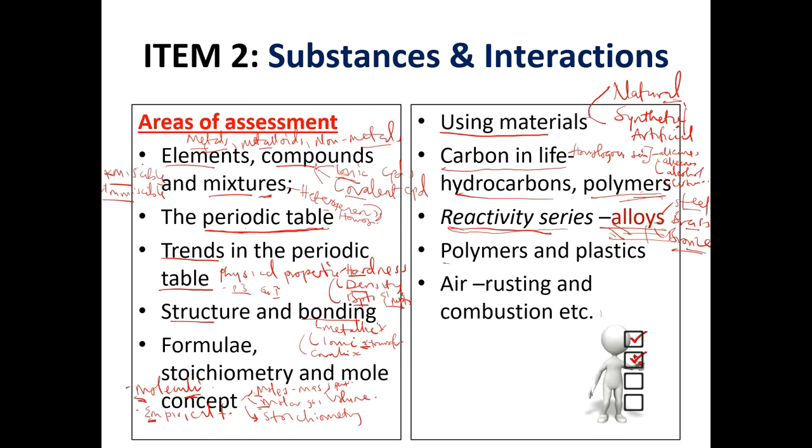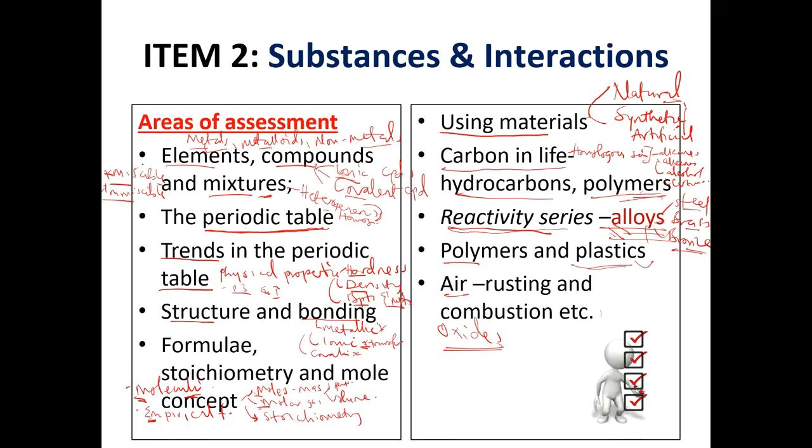Then we have polymers and plastics, and those ones. Please understand the properties of plastics. Understand different properties that make them suitable, the side effects, and how you can mitigate. Then we have air. Now, under air, when different substances burn in air, they also form oxides. So don't forget about oxides.